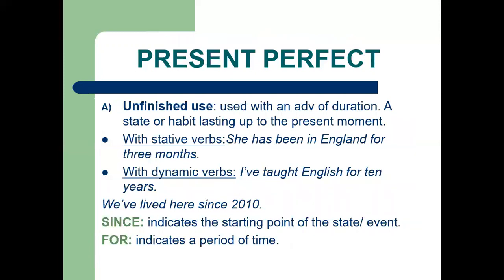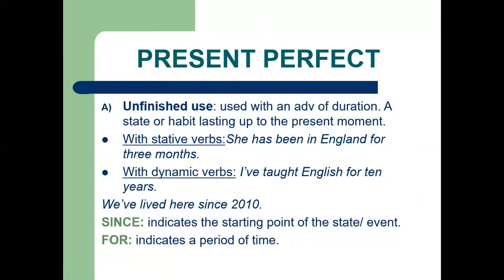The present perfect. The present perfect is a very interesting tense, especially in English. It causes some confusion, yes, among students. Generally, the present perfect is associated with the unfinished use, that is to say, to express actions that started in the past and they still continue, or they continue up to now, but it's not always the case.